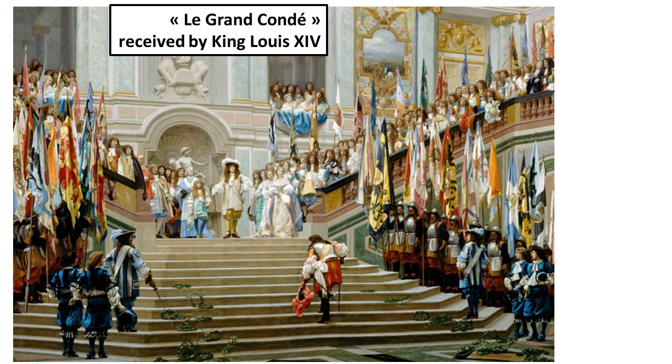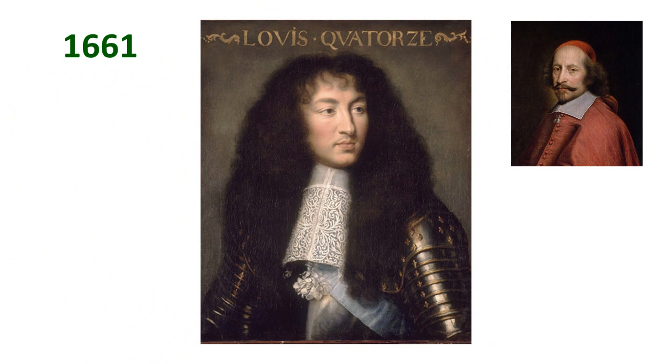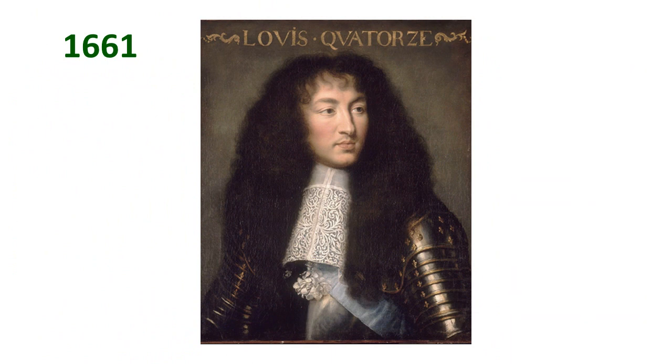Okay, that is illustrated in a way on that painting, which was made much later. The year after, Mazarin had died. Okay, and so you had the young king, Louis XIV, that had seen all these events, that remembered the Fronde, that remembered how threatened he could be by the nobles.